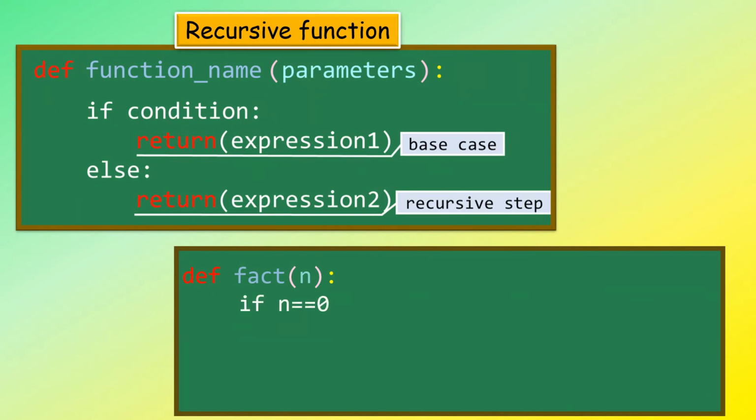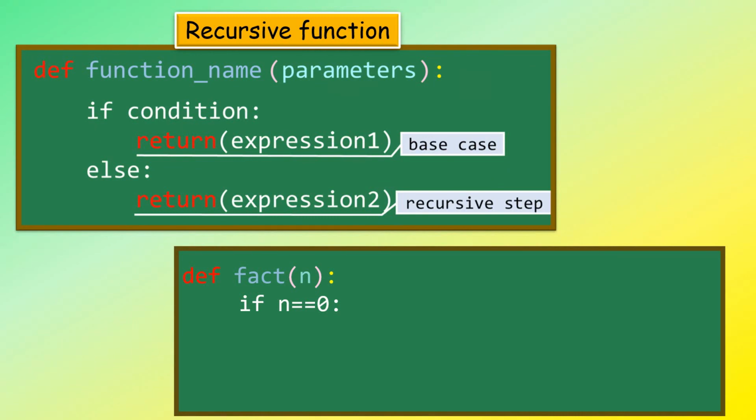So if the condition should be n is equal to 0, colon. That is, n may be any number, but it will go on reducing in every recursive step, and finally it will touch the base case, that is n is 0.